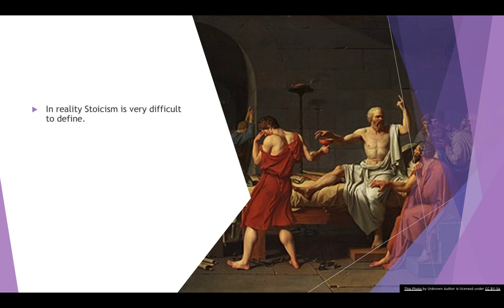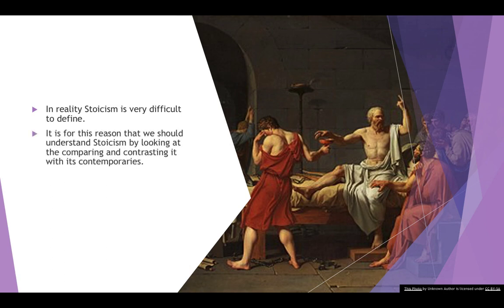As you've seen here, Stoicism is quite difficult to formally define, and it's for this reason that we should understand Stoicism by comparing and contrasting it with its contemporaries, trying to find out where it fit within ancient society, to then develop our understanding of it further and further as we carry on.